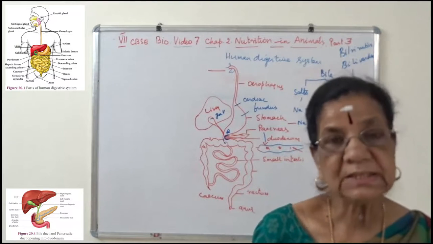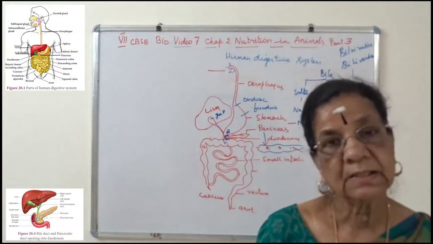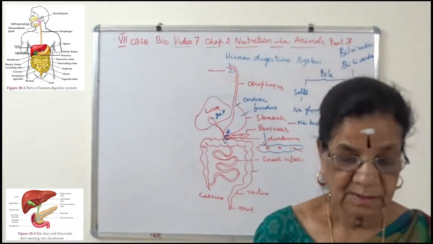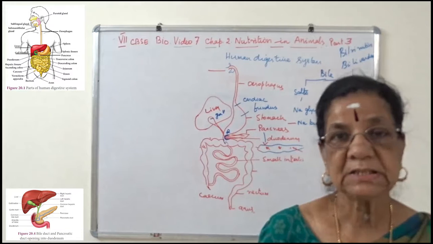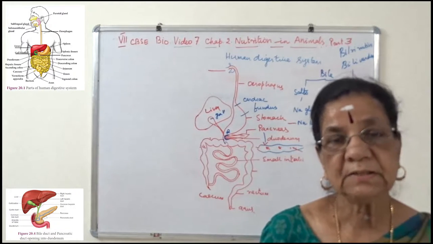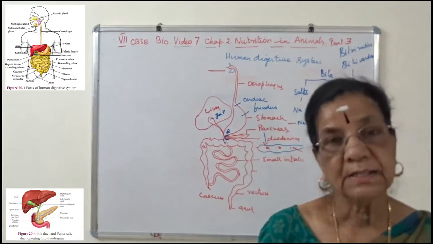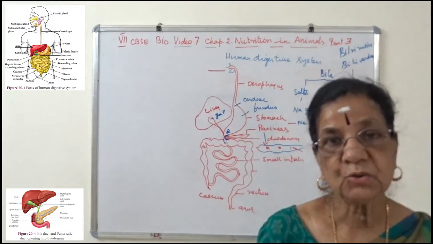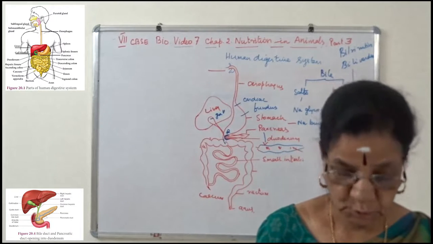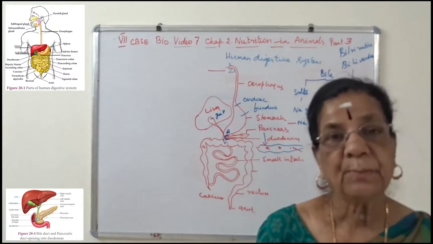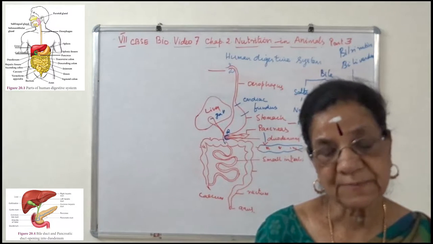And the mucus protects the walls of the gastric layer. Are you clear? At this stage, the semi-digested food in the stomach is called chyme. That chyme moves into the small intestine, the duodenum portion, through the pylorus. I hope you have understood up to this.